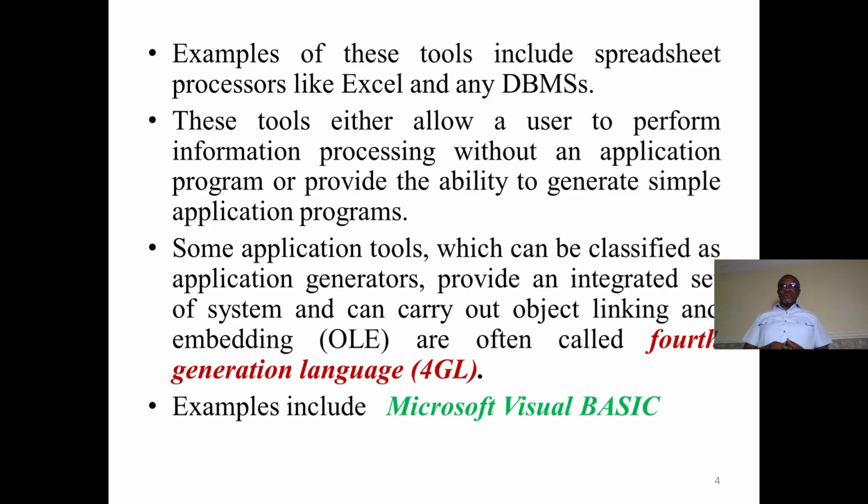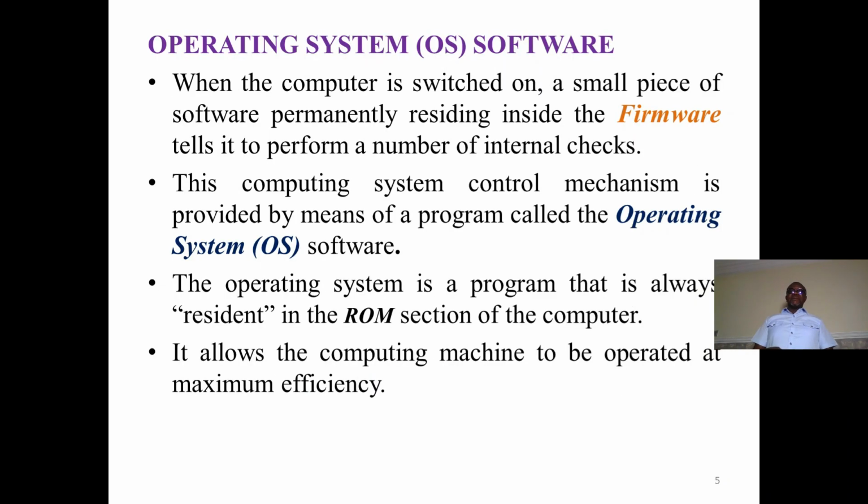Some application tools, which can be classified as applications generators, provide an integrated set of systems and can carry out object linking and embedding, known as OLE, and are often called fourth generation languages. Examples in this category include Microsoft Visual Basic.